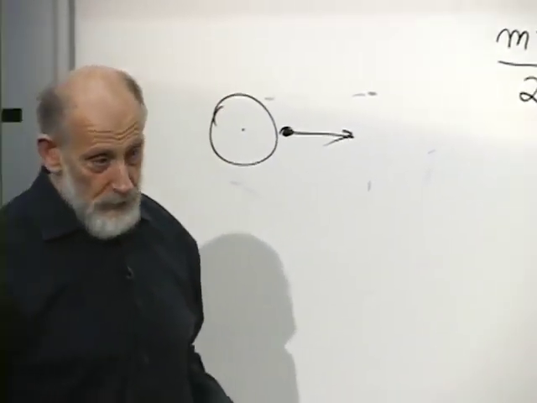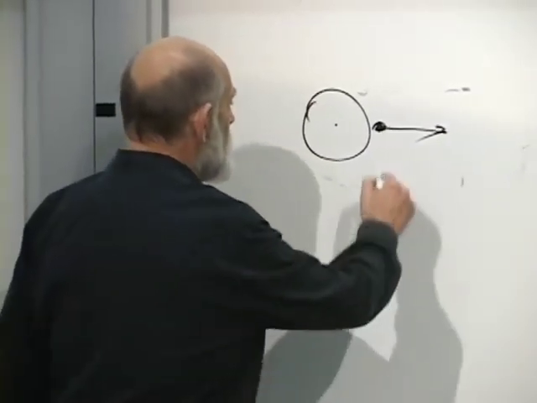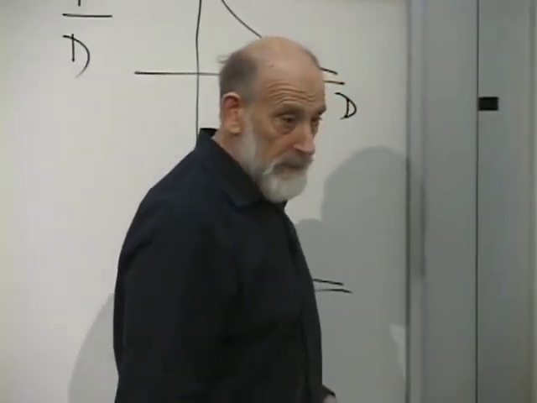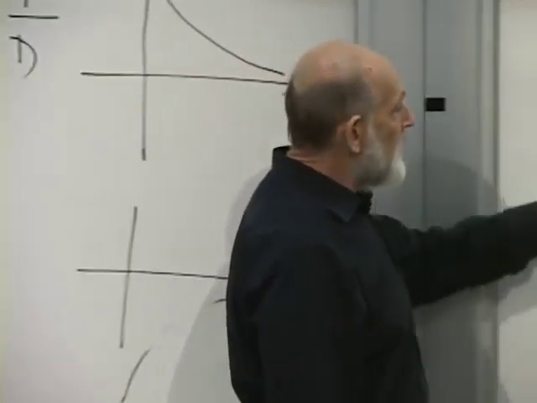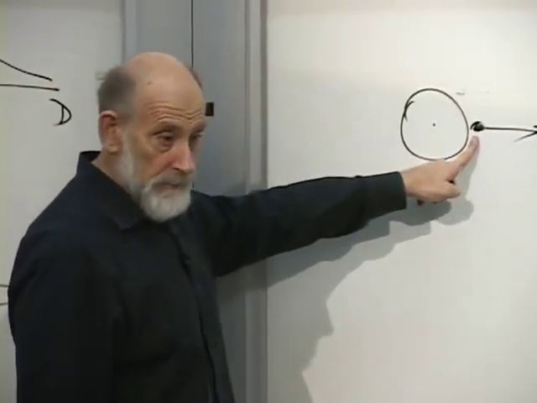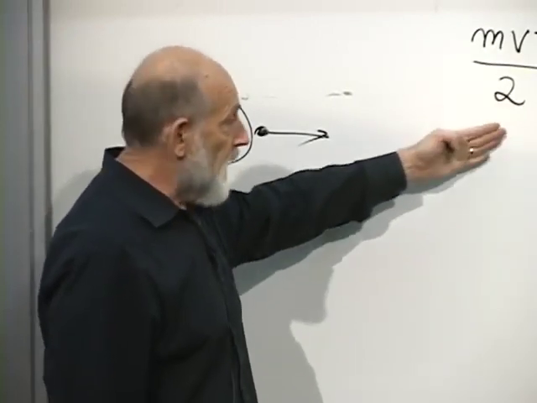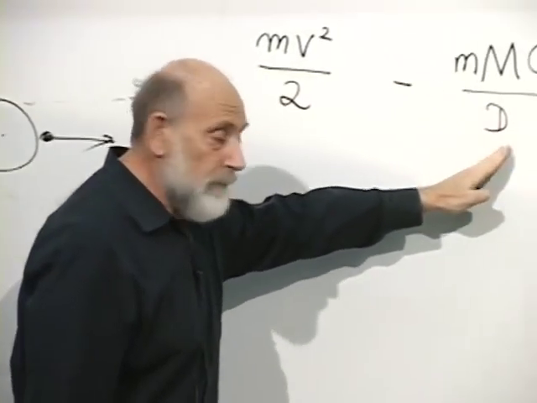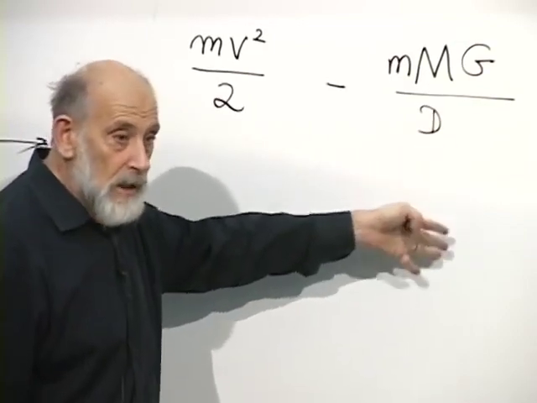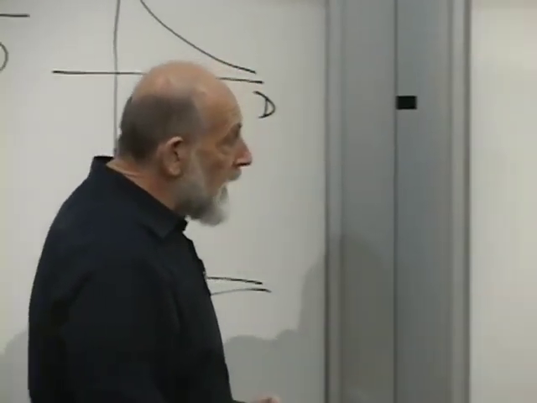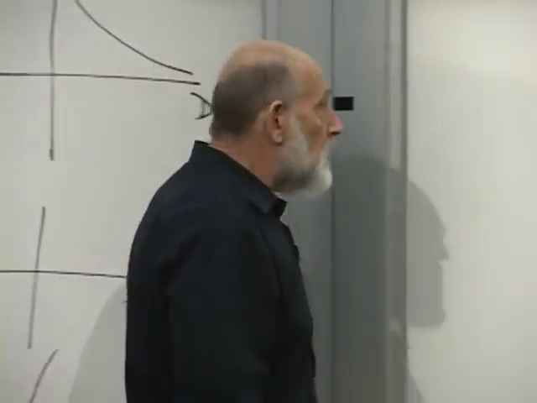What about negative energy? Well, yes, you can have negative energy also. Supposing the starting velocity is very, very small. Even better, let the starting velocity be absolutely 0. Then this term isn't there, or it's negligible, and the potential energy dominates. In that case, for sufficiently small velocity, the energy is negative. Can the energy be 0?